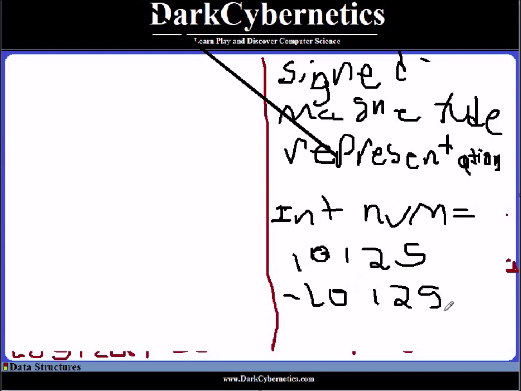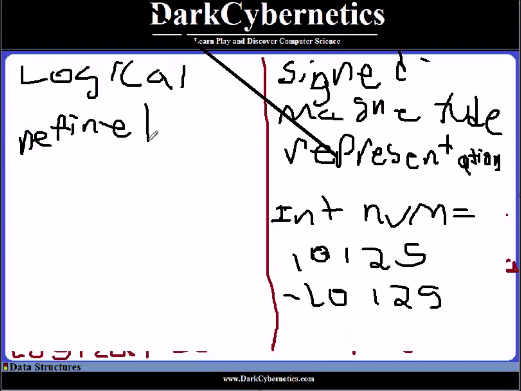Seems simple enough, right? We have an integer value, it can be a sign magnitude representation, but over in the other category, we need a logical representation of this operation. It really depends on the data structure. If we use different types of data structures or data types, we need to differentiate the logical description.